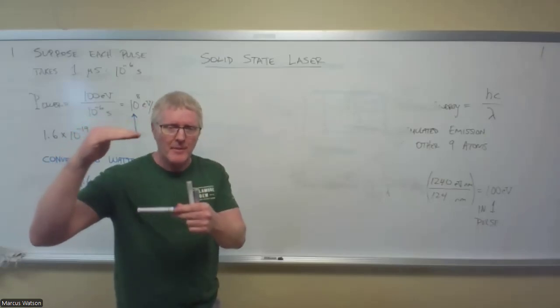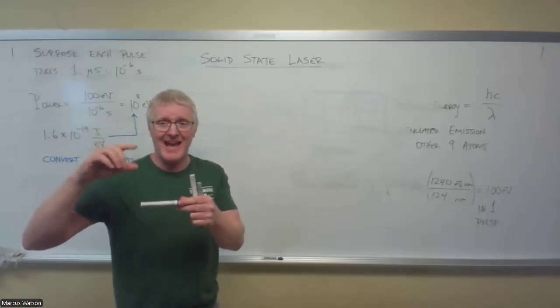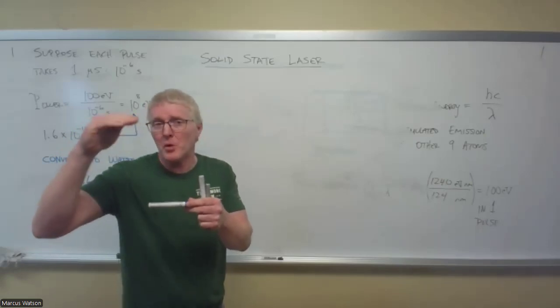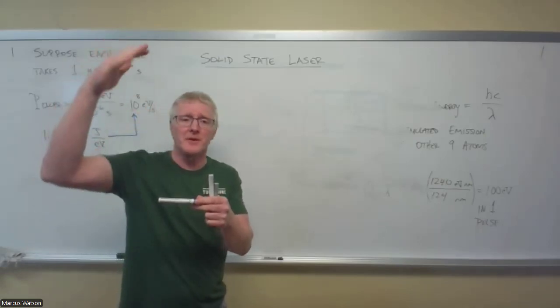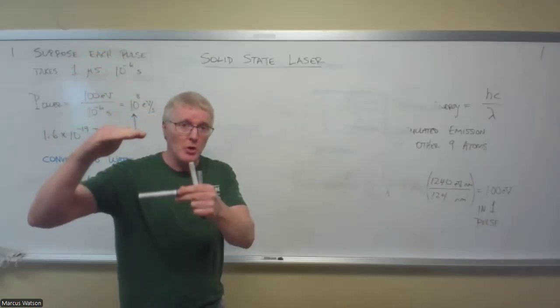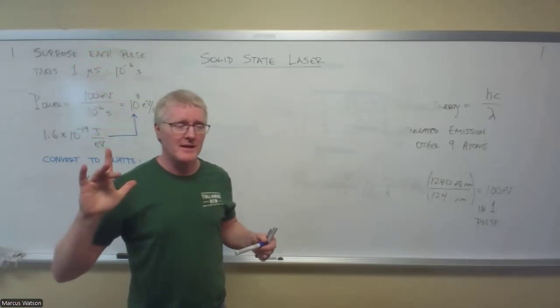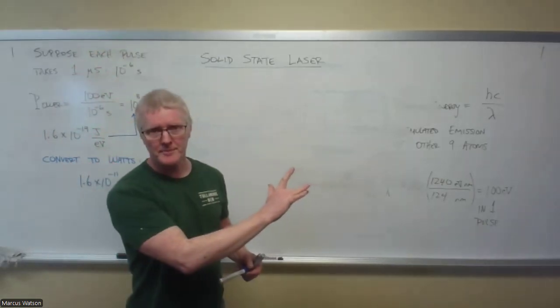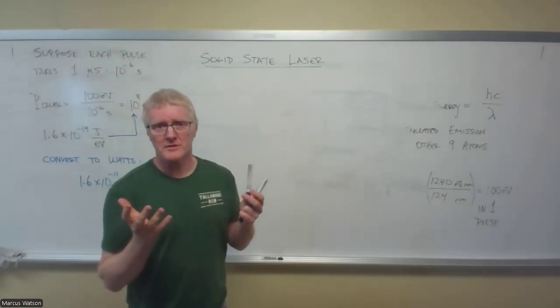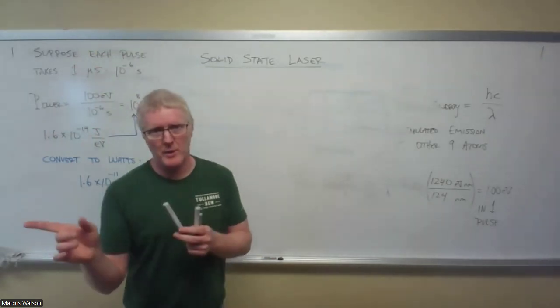There is a minimum amount of energy. In fact, I can't put in less than this, and I can't even put in that much more than this. Maybe there's another state up here I could put that much in, but I can only put in this much. And if I don't put in this much, then that photon gets ignored. And this is called a transparent material to that wavelength.